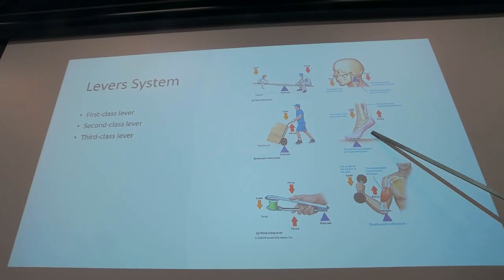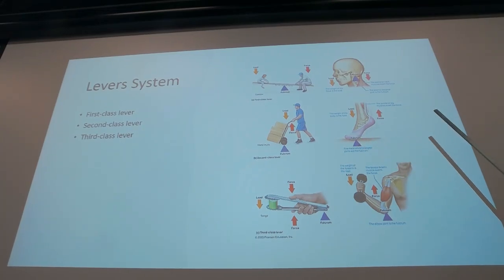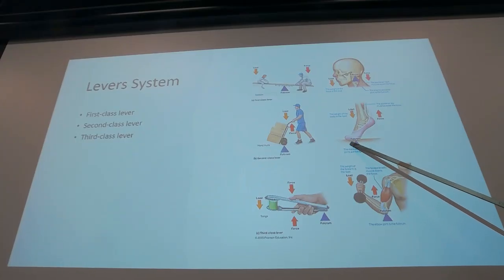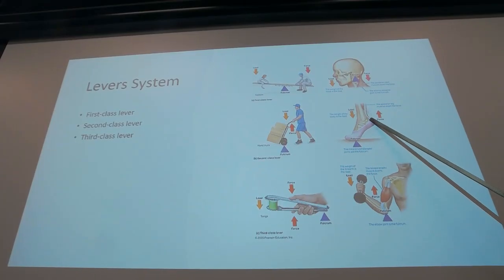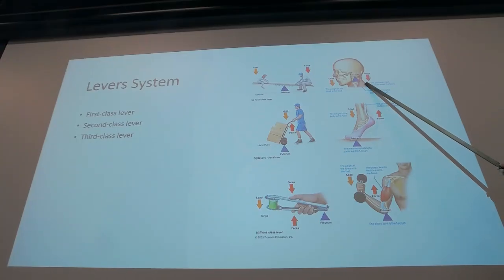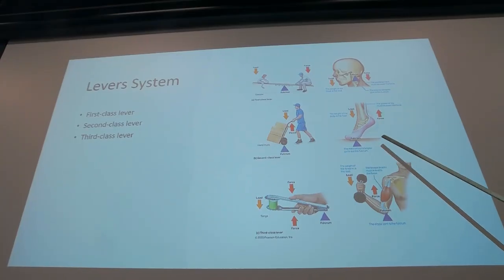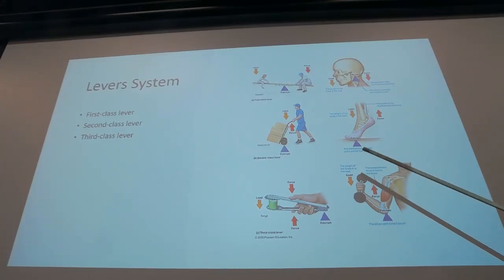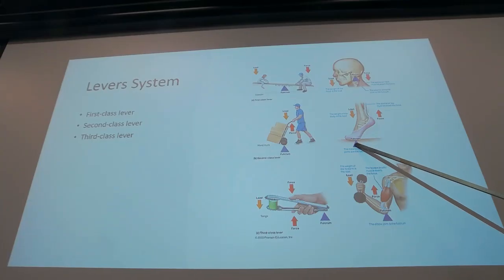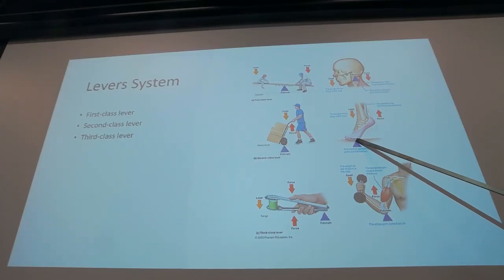This is the most advantageous one to carry a heavy load, because you have the fulcrum here, and then you have all the force here, and you can carry a big load, like all the weight of our body, just by standing on our toes with the metatarsophalangeal joint that acts as a fulcrum.